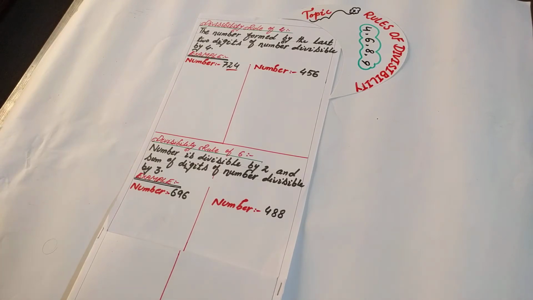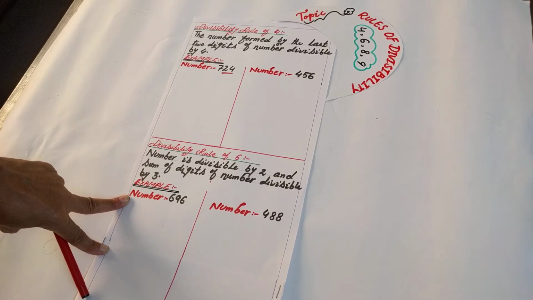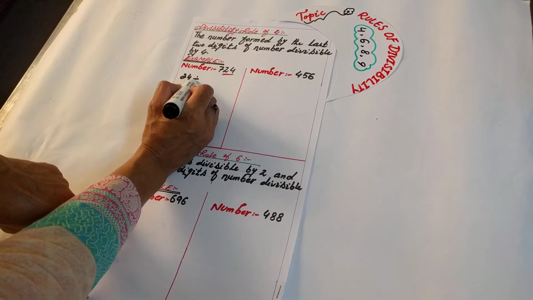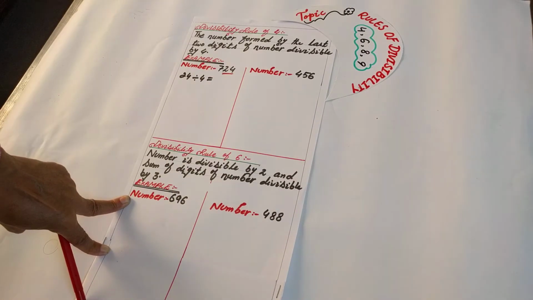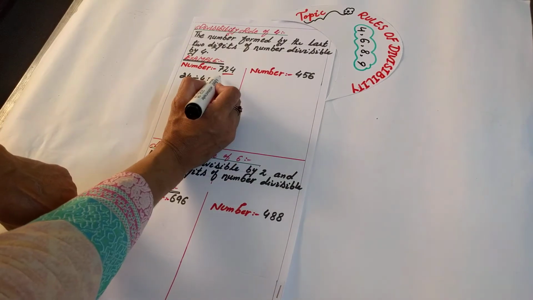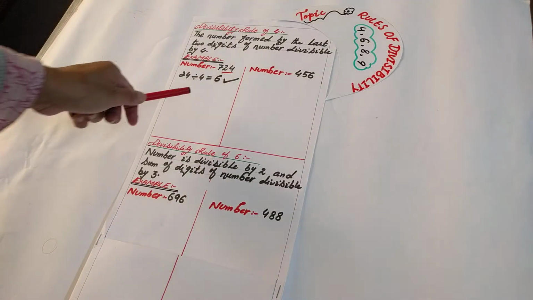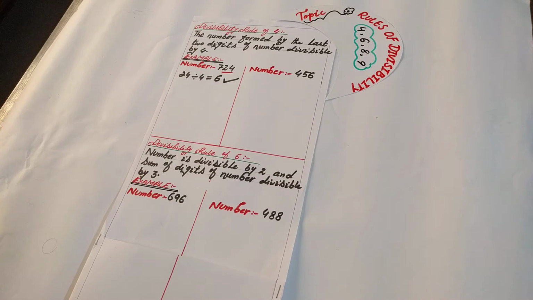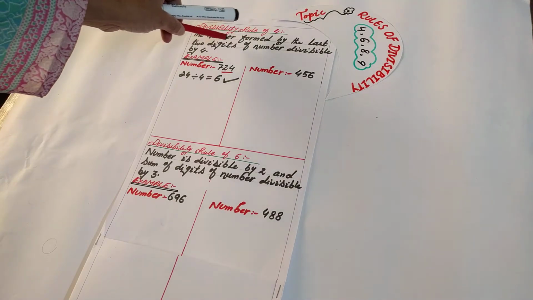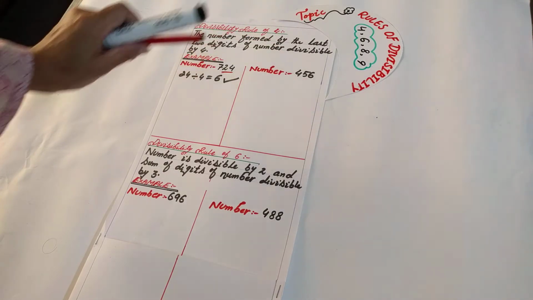We will check whether 24 is divisible by 4 or not. Yes, 4 sixes are 24. 24 is completely divisible by 4, 6 fours are 24.